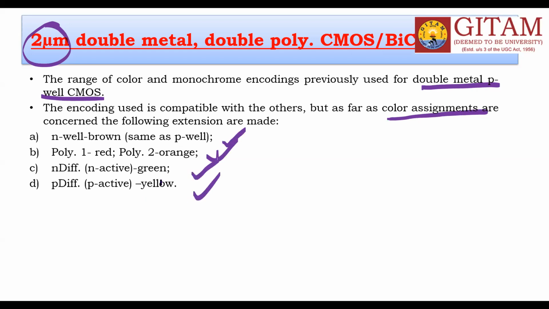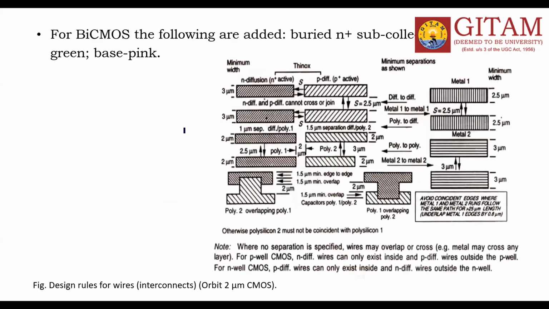So P-diffusion is always yellow, N-diffusion is green, poly 1 is red, poly 2 is orange. N-well is brown. Of course P-well is also brown, both are the same color. So brown, red, orange, green, yellow. So this is the BiCMOS rules.